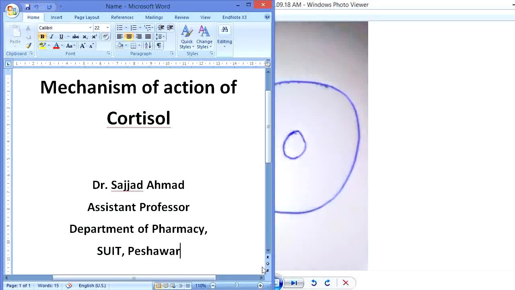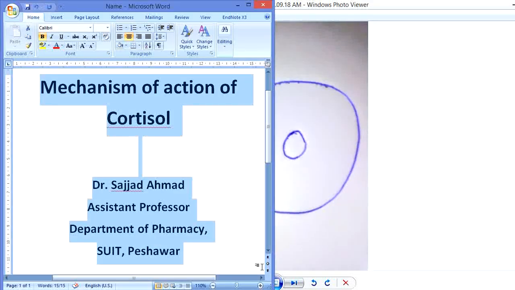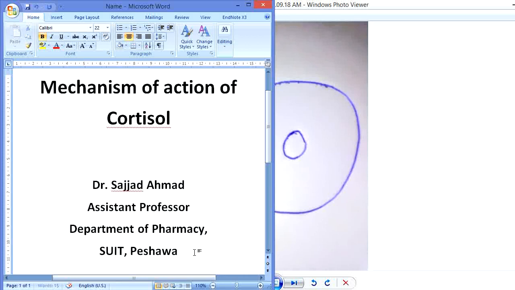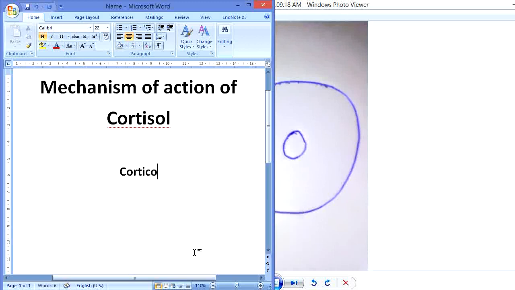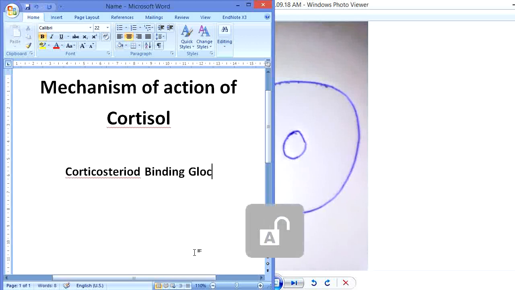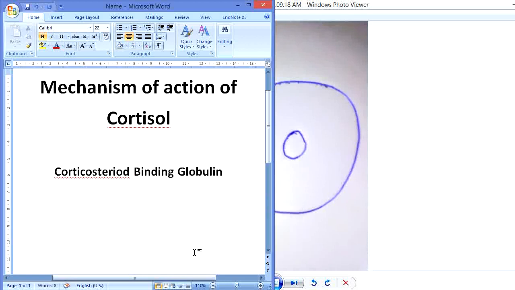that is called corticosteroid binding globulin.